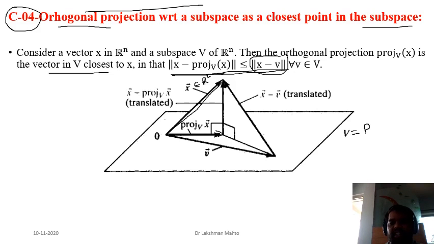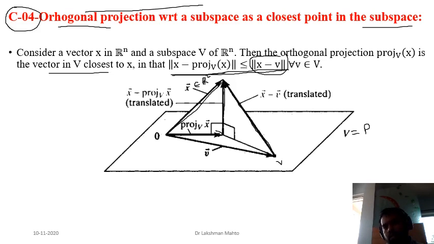Just try to find the distance of every point in this plane with respect to x. Suppose you take any arbitrary point v from the plane or subspace V. What is the distance between x and v? This is the vector difference, the difference between x and v, and this is the difference between x and the projection of x.